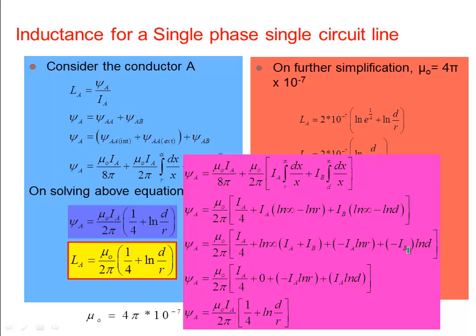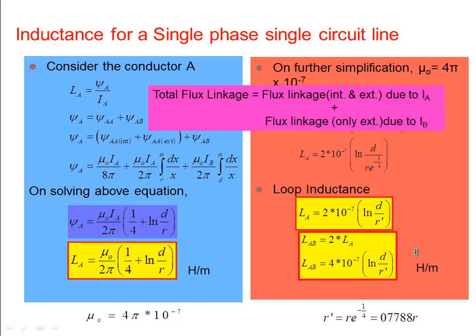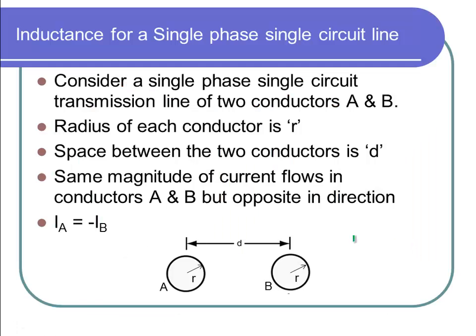In order to get the current in terms of IA, we represent IB in terms of IA. We already said that IB equal to minus IA.